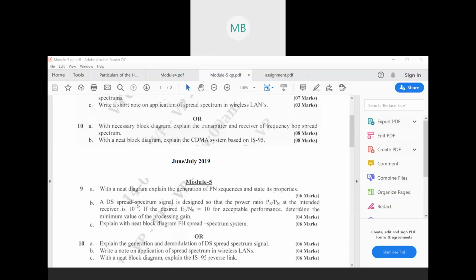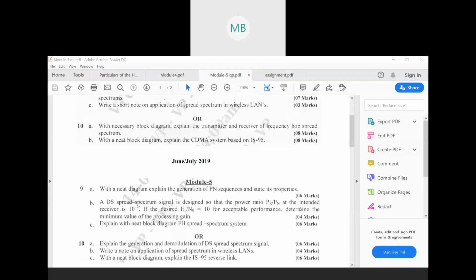Here it is given that Eb by N naught or Eb by I naught is 10 and power ratio PR by Pn is 10 raised to minus 2. We need to find the processing gain. What's the formula?